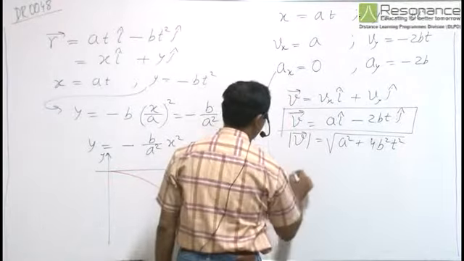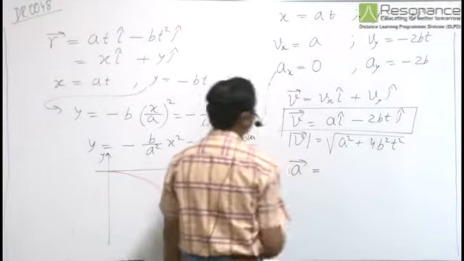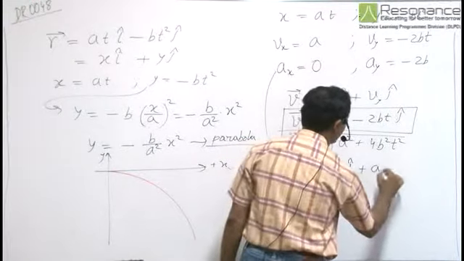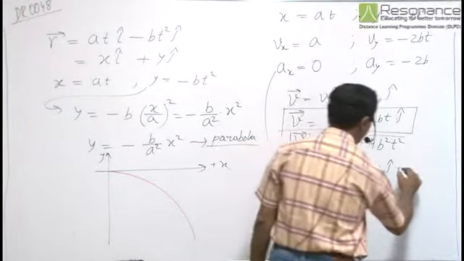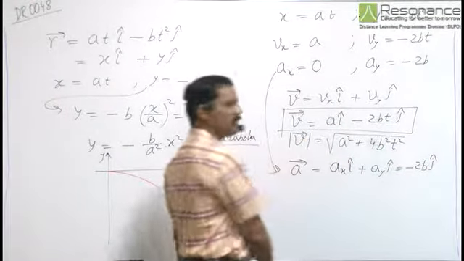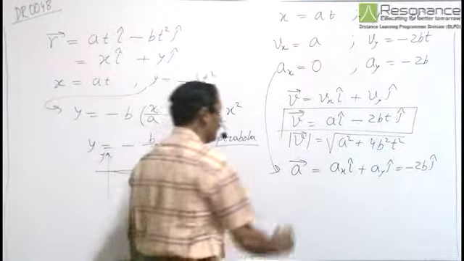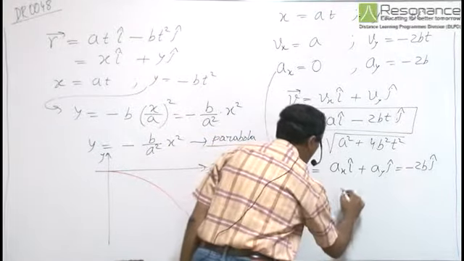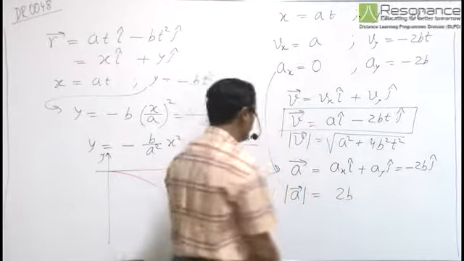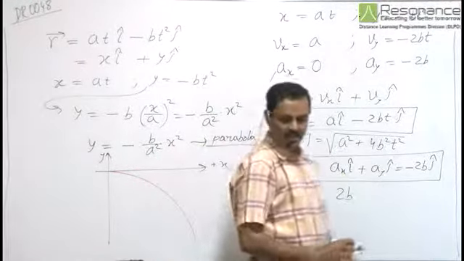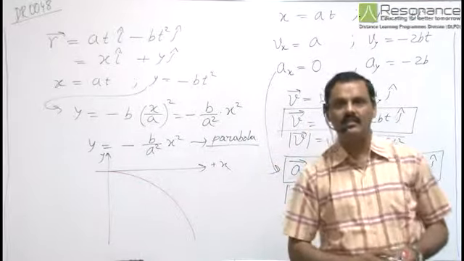Similarly, the acceleration vector is equal to ax i cap plus ay j cap, that is equal to minus 2b j cap. This is the acceleration vector, and the magnitude of acceleration is equal to 2b. So these are the required information asked in this question.